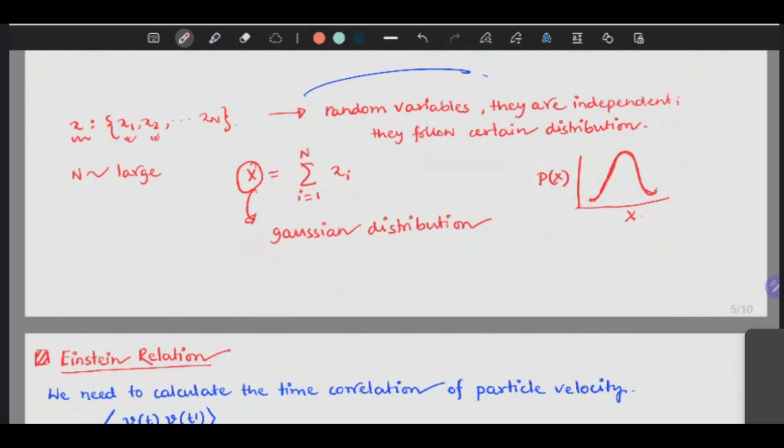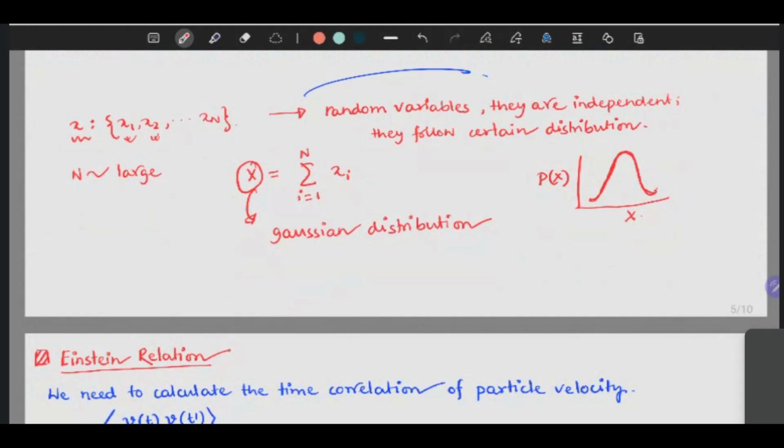So this becomes v0 squared e to the power minus 2t by tau_v plus 2 into e to the power minus 2t by tau_v by m squared, integral 0 to t dt1, and this becomes e to the power 2t1 by tau_v into a.